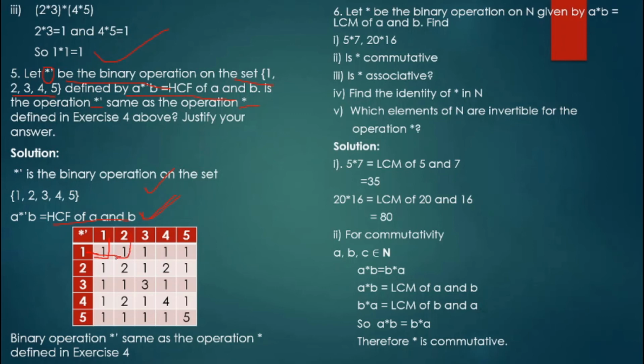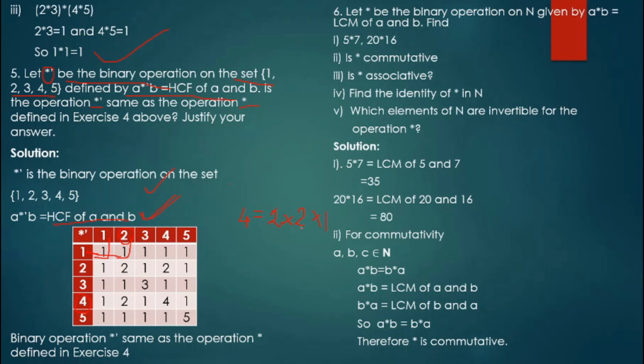So HCF of 1 and 1 is 1. You remember how you find the HCF? I'll take some other numbers, 4 and 2. I guess you remember how to find it, but still we'll do it. What are the factors of 4? 2 into 2, and let there be 1 also.